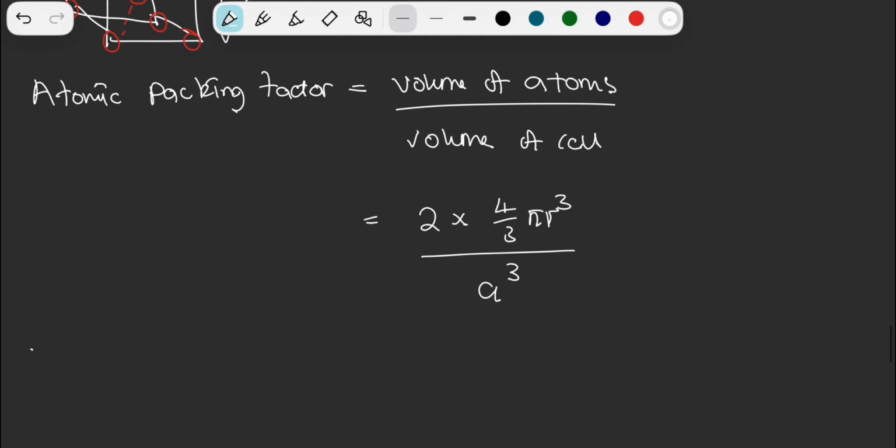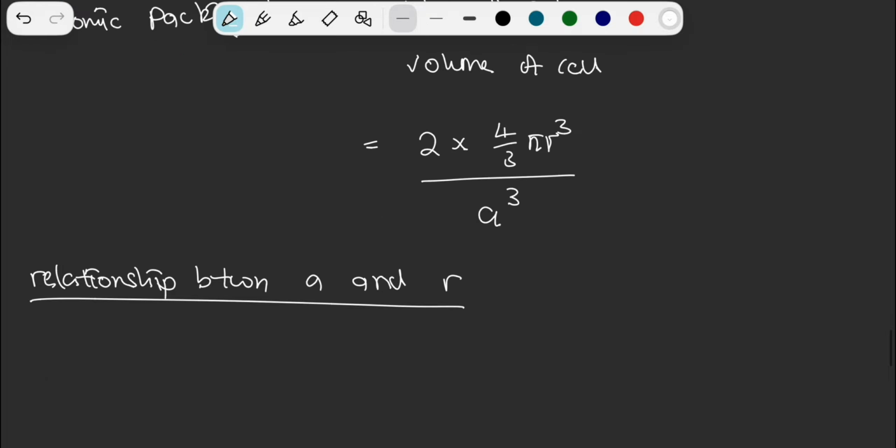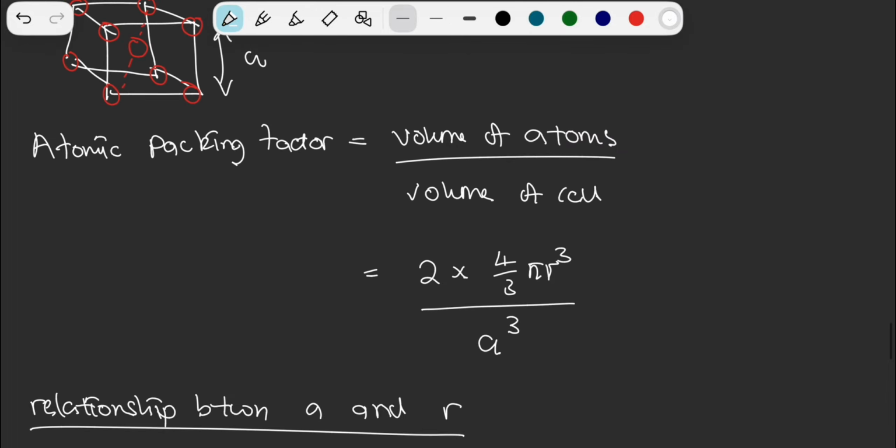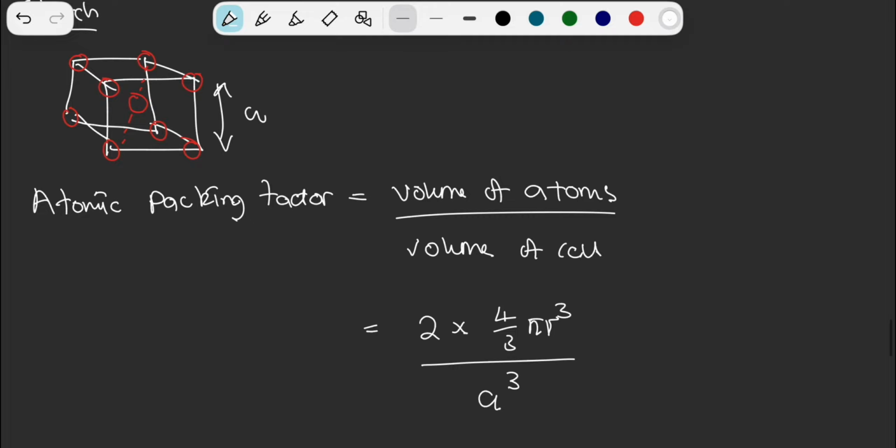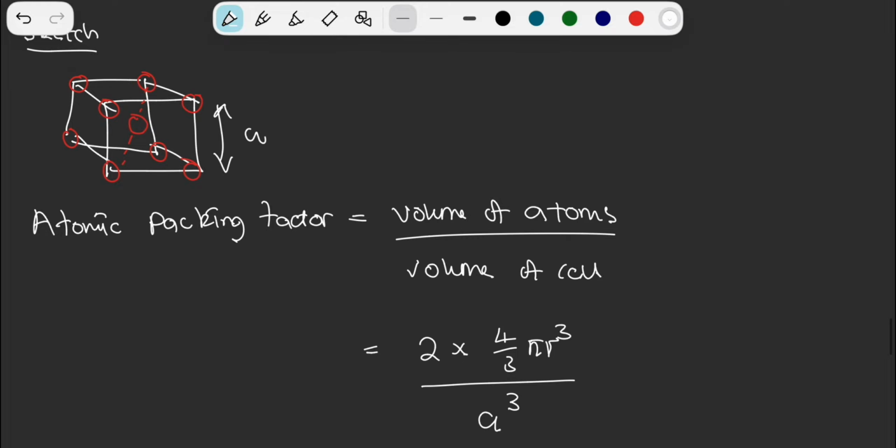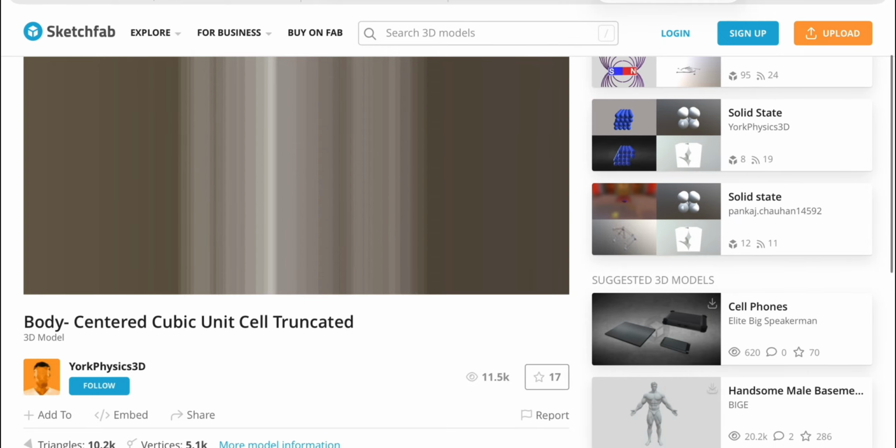Okay, so again, the next logical question is to ask, what is the relationship between A and R? The next simple logical relationship that you can establish. But there's a problem. This is not similar to simple cubic.